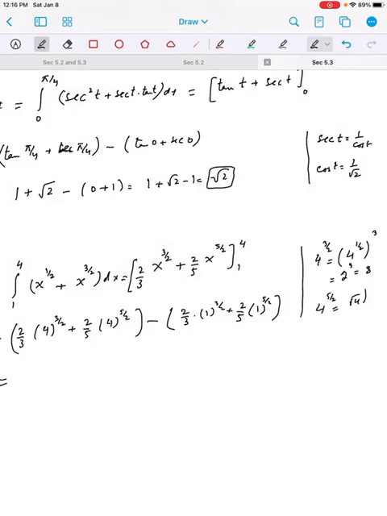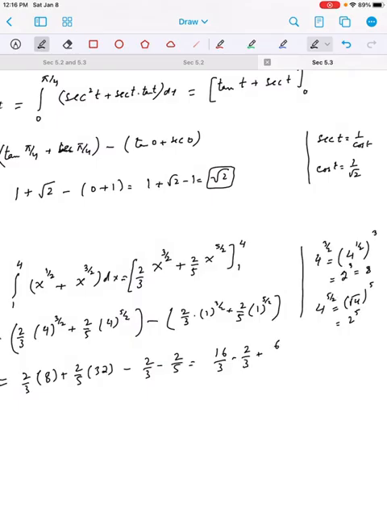So I have 2 over 3 times 8 plus 2 over 5 times 32 minus 2 over 3 minus 2 over 5. So I have 16 over 3 minus 2 over 3 plus 64 over 5 minus 2 over 5.